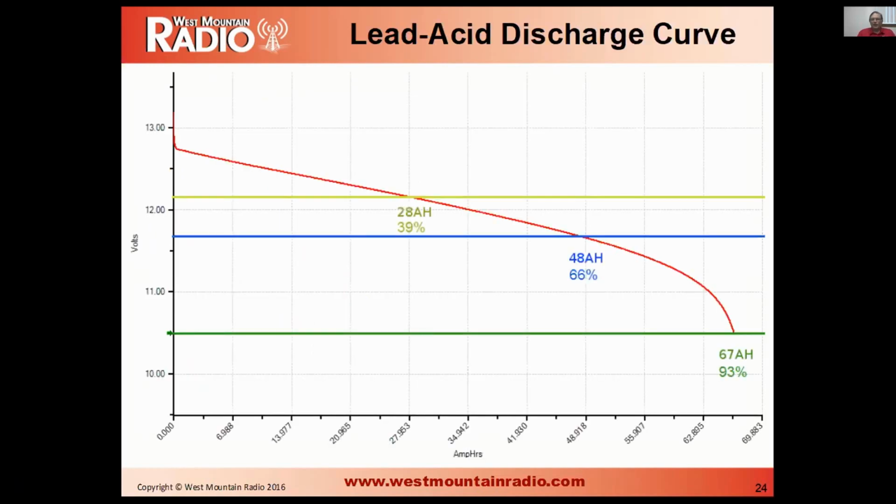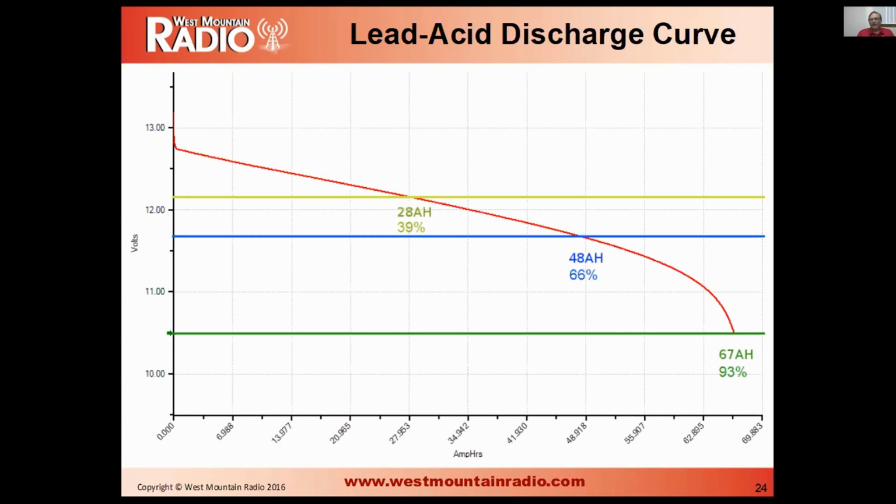This is a discharge curve. The red line there is how the lead acid battery discharges over its life. And as you can see, the green line is where the battery manufacturers spec out the battery to. That's the number that's stamped on the back of the battery, 10.5 volts. The blue line I put in there is 11.7 volts, which is the minimum voltage that most of your radios are going to want for transmit.